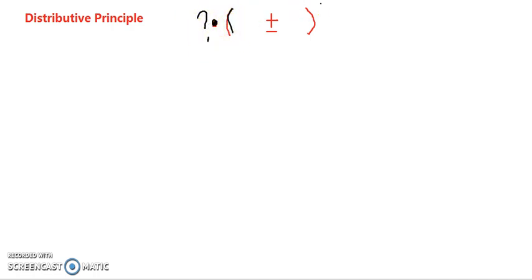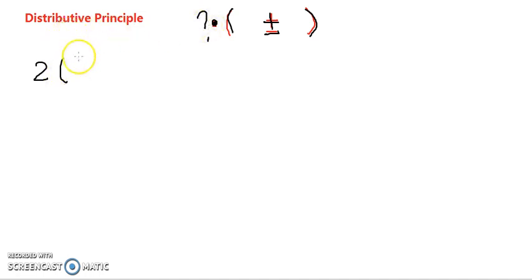We have to have parentheses, and inside the parentheses we must have addition or subtraction. And so for pretty much each pair of parentheses, if it satisfies this requirement, we have to use distributive principle.